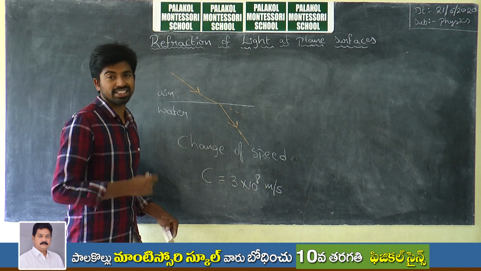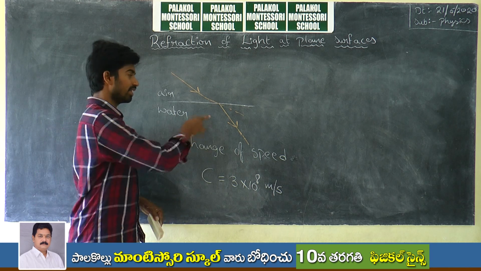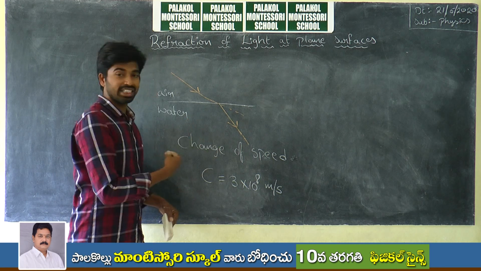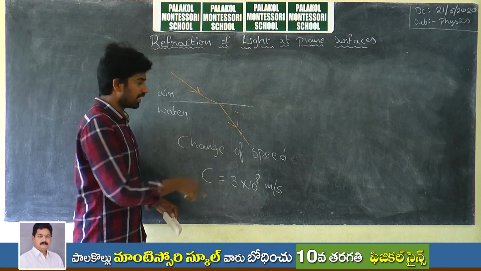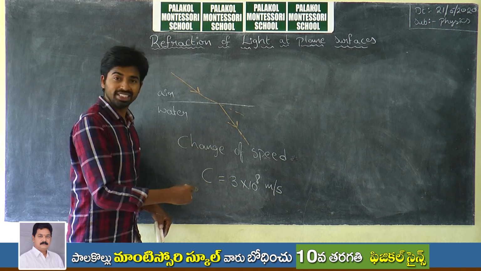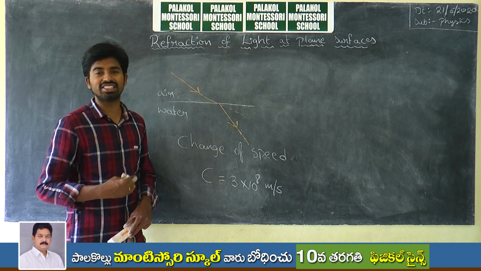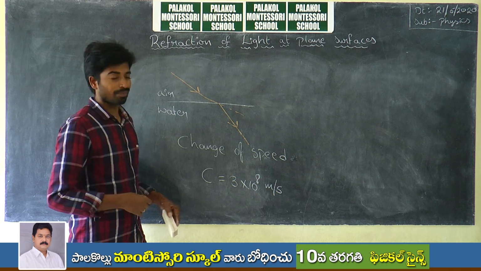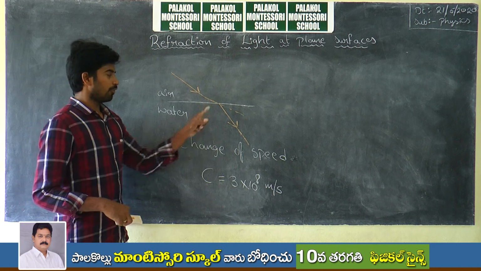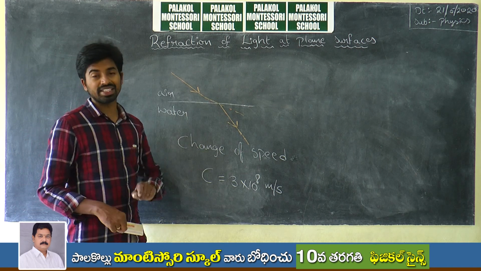If a greater change in speed is observed, then a greater deviation will occur. It will bend by a very large amount and change its angle to a high value. We can measure the deviation.